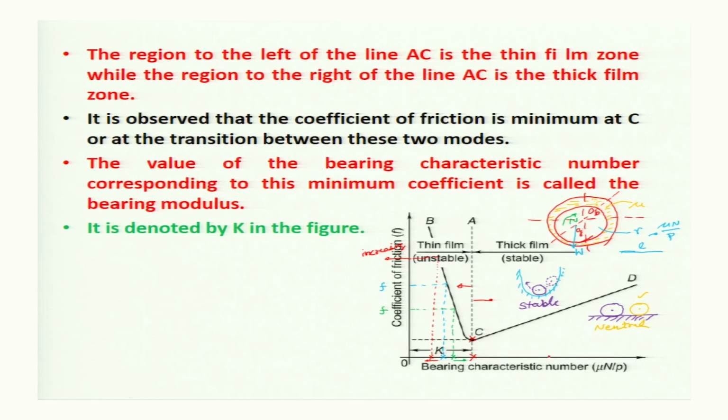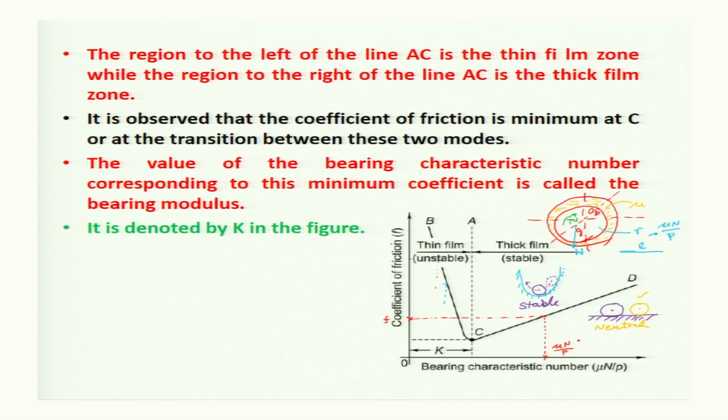Let the operating parameters be such that your bearing characteristic number is somewhere here, and at this point the coefficient of friction is given by this one, and corresponding to this coefficient of friction there is a temperature of the lubricant, and corresponding to that temperature there is a fixed value of mu, and the parameter is mu n divided by p.